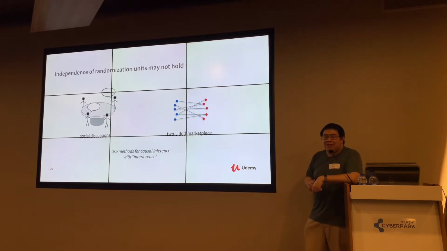Final thing I'll point out is, we talked about simple A/B tests, but there are cases where you think you might be able to do an A/B test, but it's actually much harder than that. So for example, one problem that could occur is, let's say that you wanted to do an A/B test around a feature on Udemy that allows users to interact with each other, right? So the challenge here is if you have some users who are in the treatment variant and some users who are in the control variant.